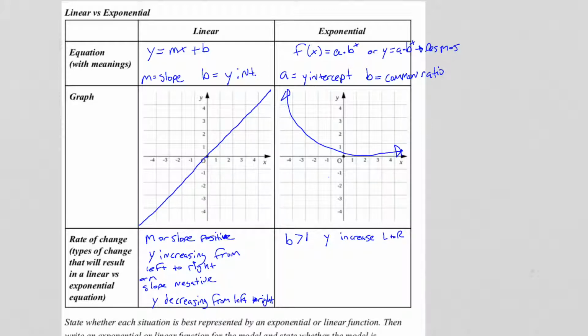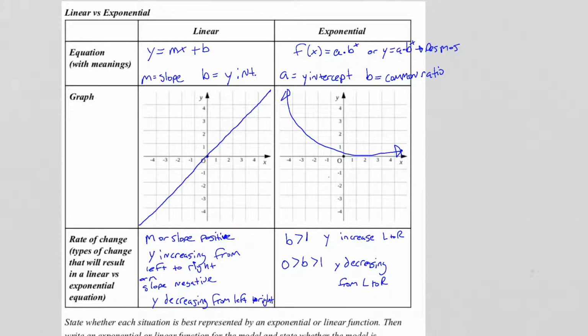I'm just going to write L to R. And if the value of b was a fraction between 0 and 1, y is decreasing from left to right. So there's a couple little factoids between linear versus exponential.